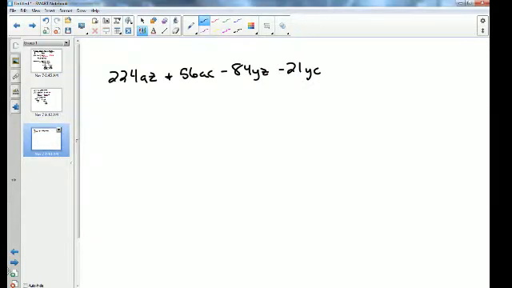I see a z and a c, and a z and a c, right? Divide by 4, divide by 4. So you've got terms matching here, and then I'm dividing by 4 to get here to here and here to here. So I'm going to group just as it's written.